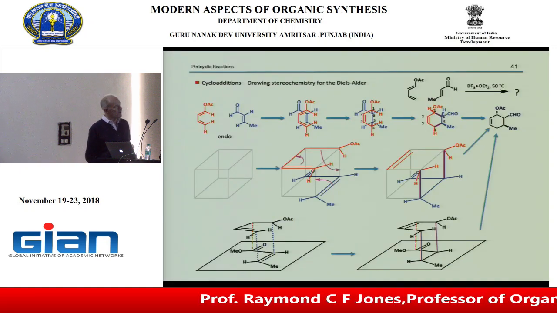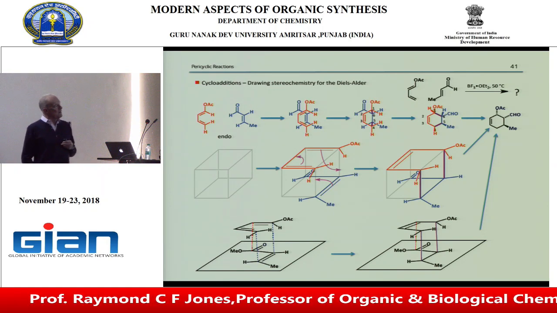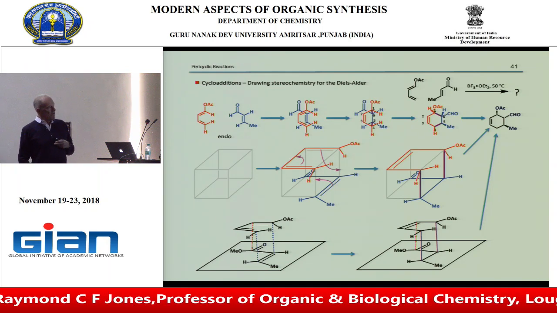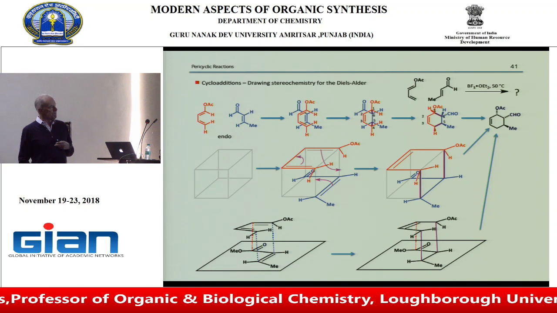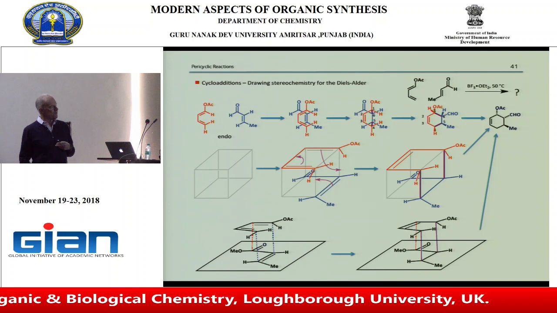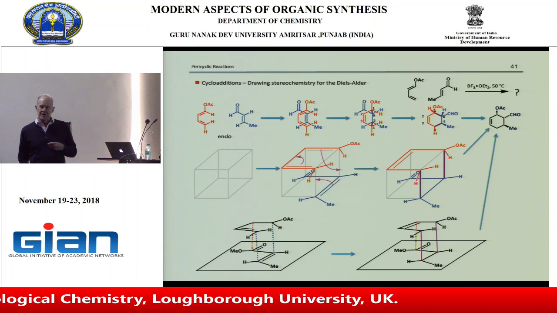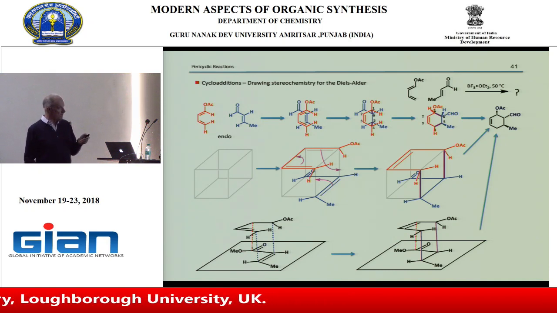Right, okay, so I think this is coming towards the end of what I've got in this session. This is just a little bit of help for you in drawing stereochemistry for the Diels-Alder. This is not meant to be an accurate representation of the transition state. This is, how would you go about drawing it?